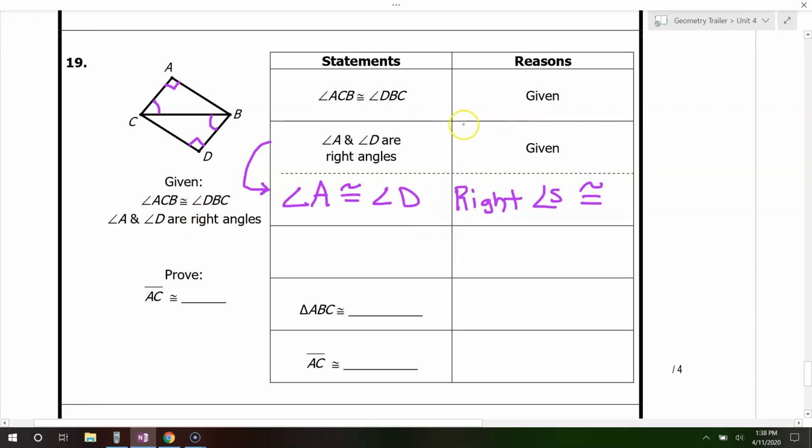Okay, so that takes care of the given and what flows from the given. It's time to look at the picture and see if there's anything else we can mark. We can mark the shared side. So we can go ahead and say that segment CB is congruent to segment CB. Now, what's the reason that we use when we have something congruent to itself?